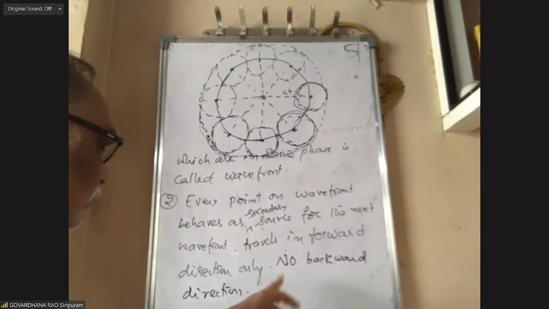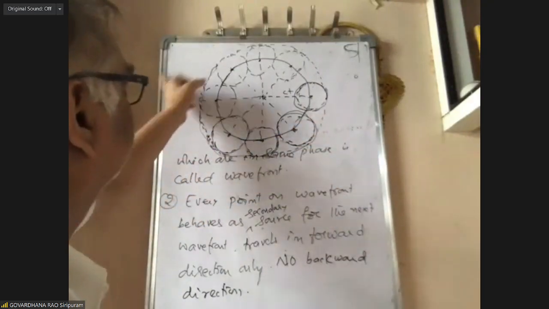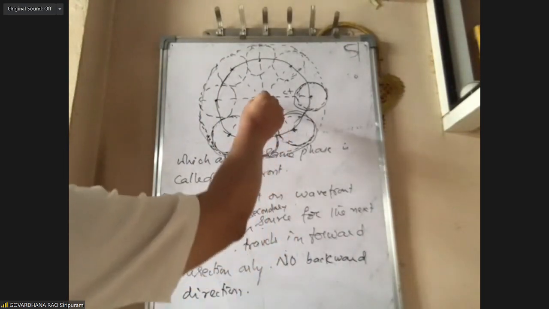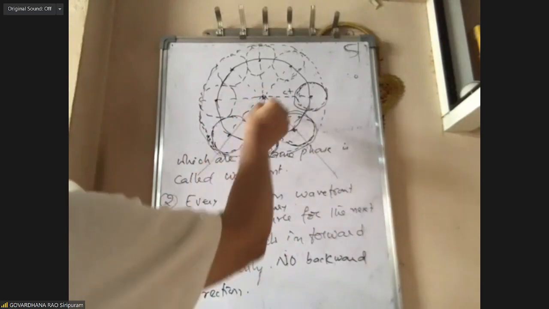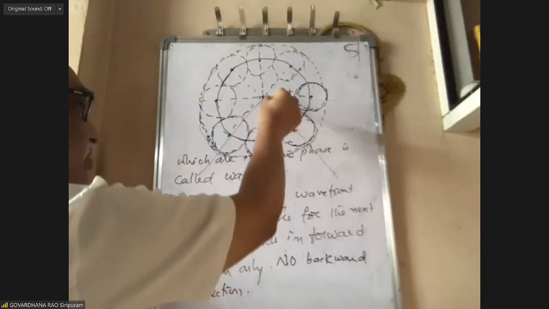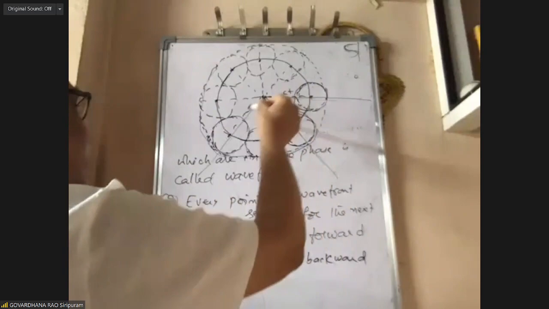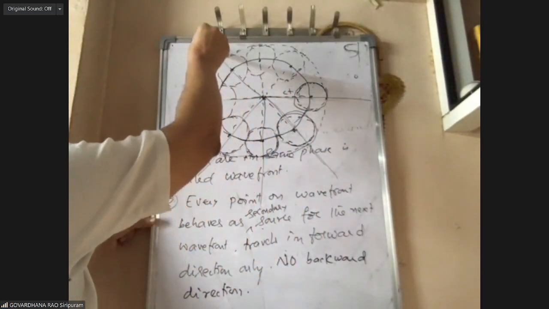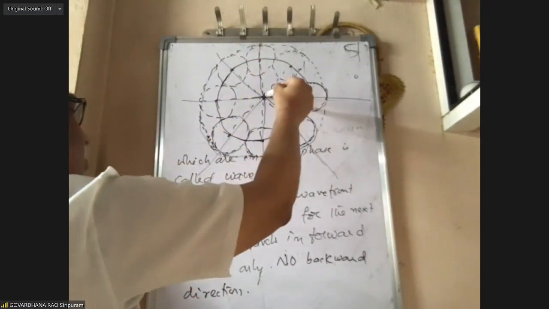No backward direction, only forward direction, right? Like this. Okay. Now, any straight line drawn perpendicular to the wavefront is called a ray.